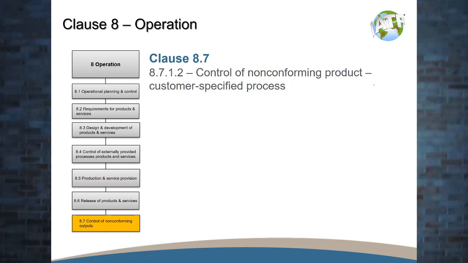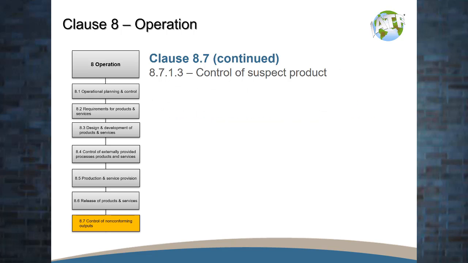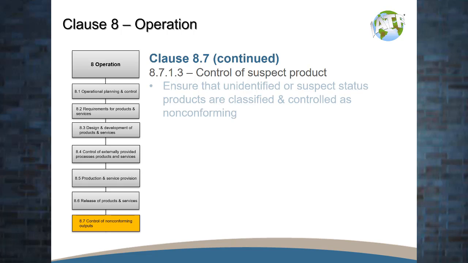Clause 8.7, control of non-conforming output. So in 8.7.1.2, we have control of non-conforming product, customer specified process. So this one's saying that if there is a customer specified process for controlling non-conforming products, then you have to comply with that process. Pretty simple. 8.7.1.3, control of suspect product.